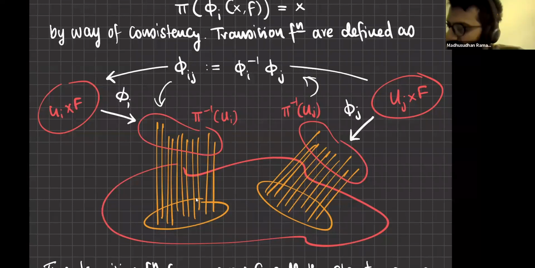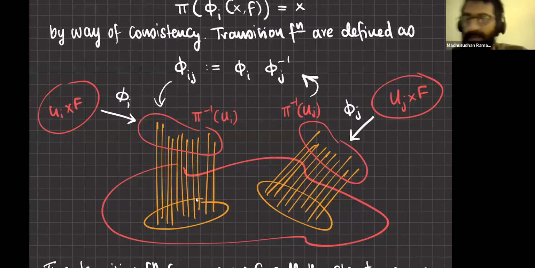Phi j inverse phi i. That's right. Sorry about this, guys. This looks correct to me now, but it may be wrong, so I'll fix it and figure this out before next time.